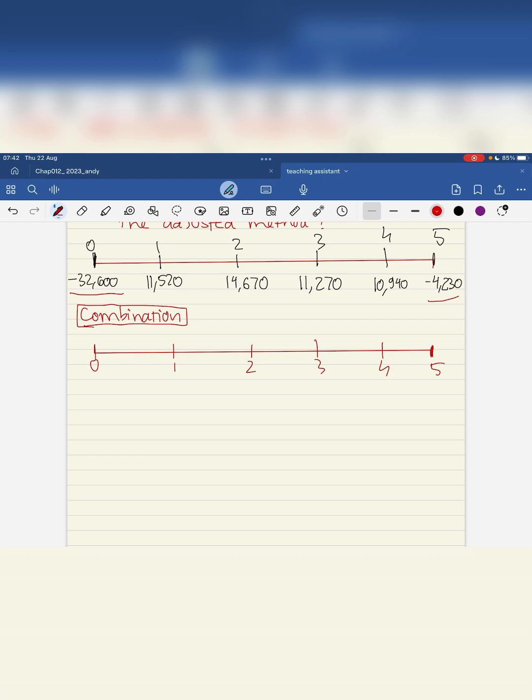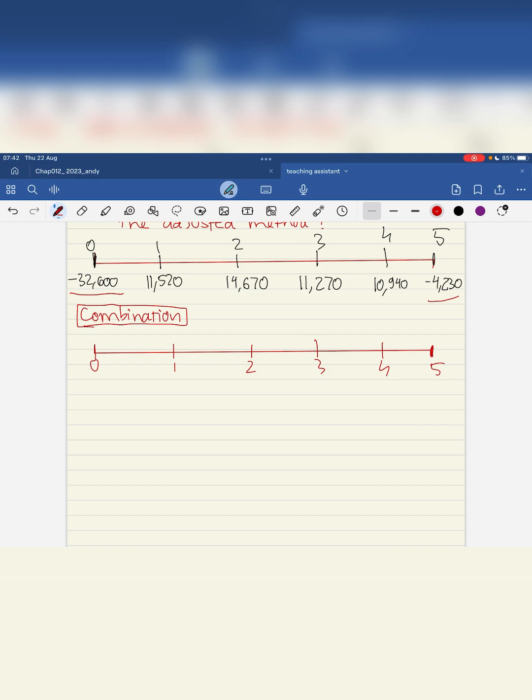The first step we need to take is to discount every future cash outflow back to the current year, year 0. As we can see, in year number 5, we have a cash outflow of minus 4,230. Therefore, we will have to discount it to the current year before adding it to the current cash outflow.